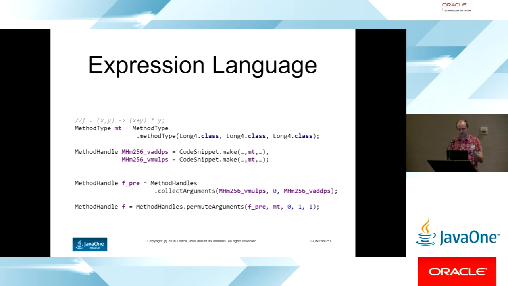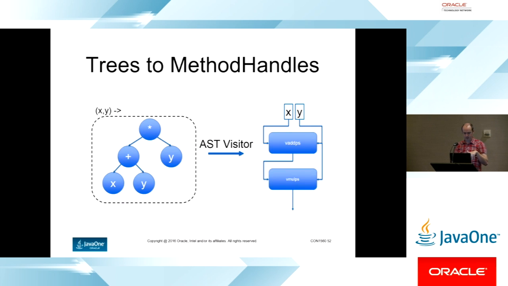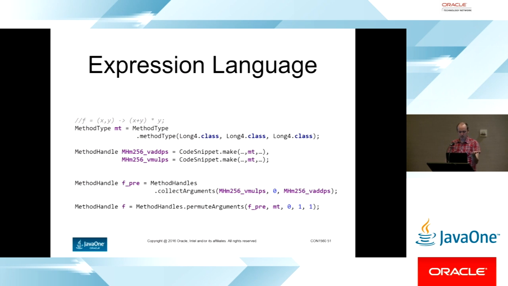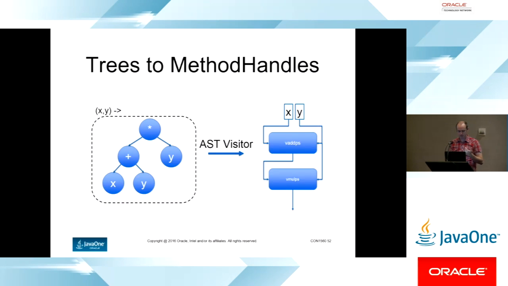So one gets the result of the other, and what you end up with is a machine where you want two inputs, and the inputs map down, kind of like the next slide. So basically what this illustrates is you can, by hand, take an expression that you see and then use the method handles combinator library to recompose that expression with vectorized baseline functions.